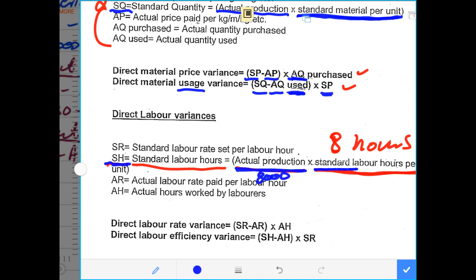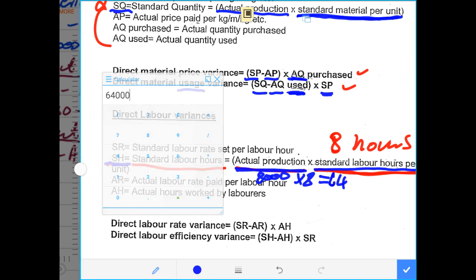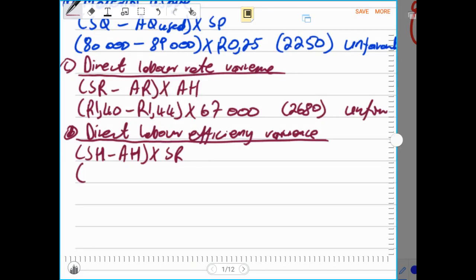Standard hours per unit is the number of hours it takes to complete 1 unit of the product, which is 8. So 8,000 actual production times 8 gives us 64,000 hours as the standard hours.